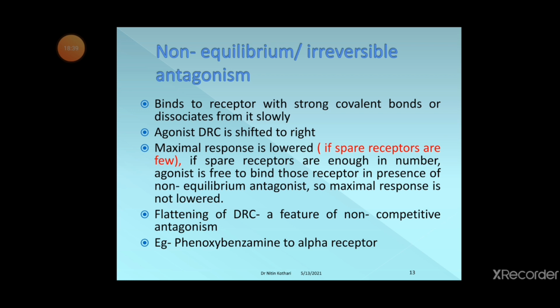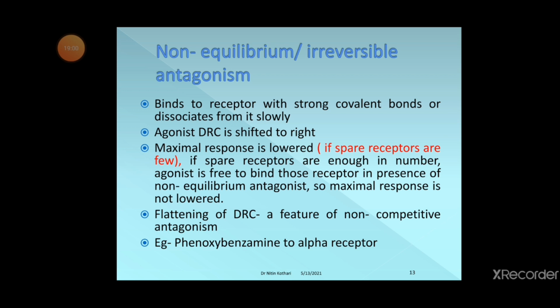So this is irreversible type of antagonism. There is a competition between the agonist and antagonist, so it is competitive type, but they do not dissociate from the receptor, so it is irreversible type. So it is irreversible competitive antagonism.